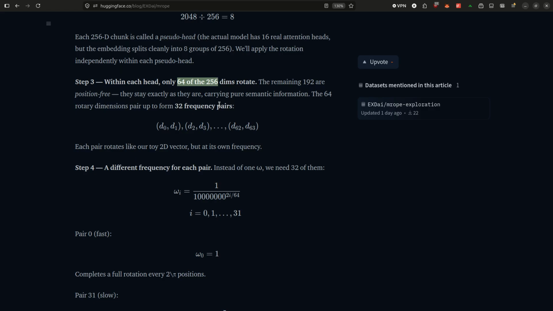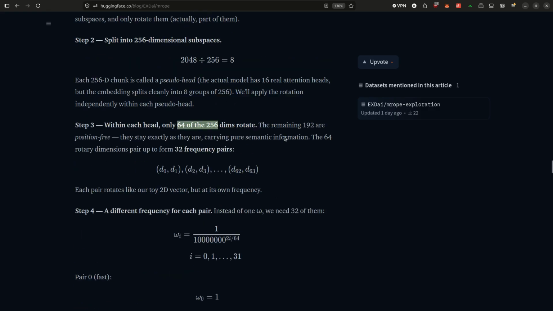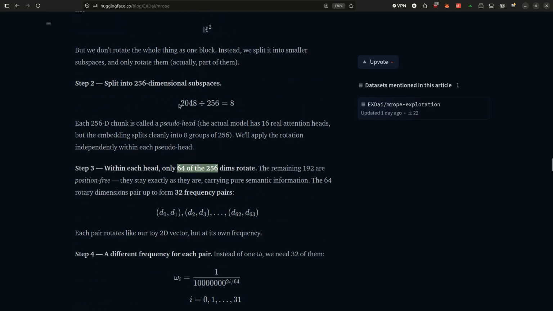Now to make things even more nuanced, we will not rotate all 64 of those dimensions the same amount. We'll split them into 32 frequency pairs, okay? So let's go back. You have a 2048 dimensional space. We split it into 8 256-dimensional subspaces.